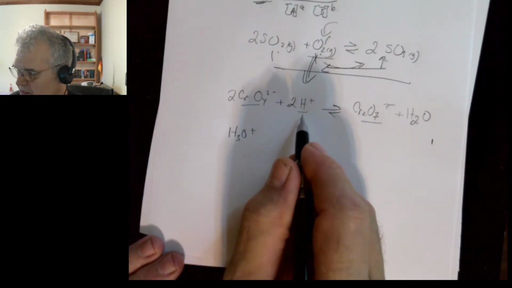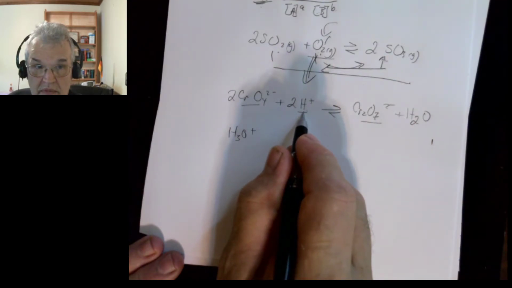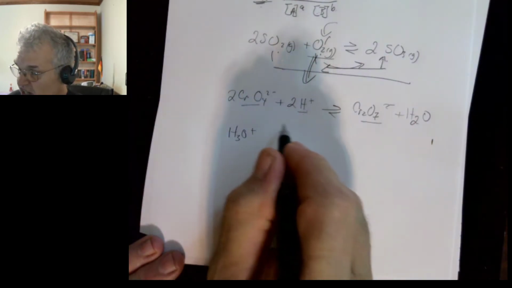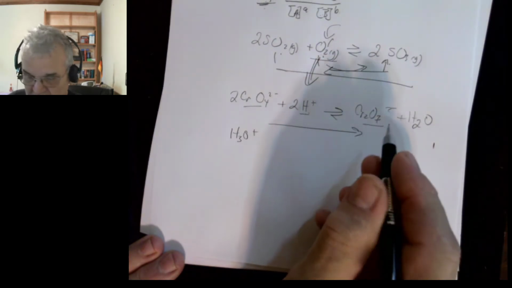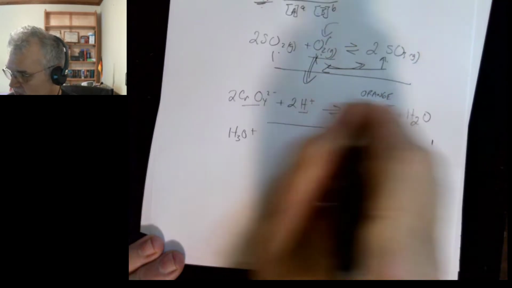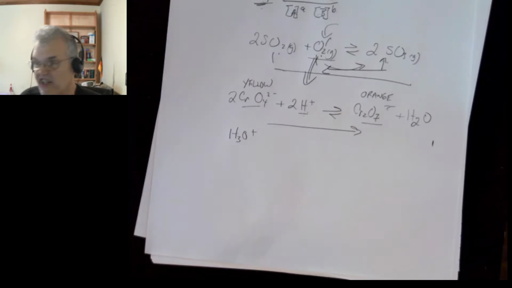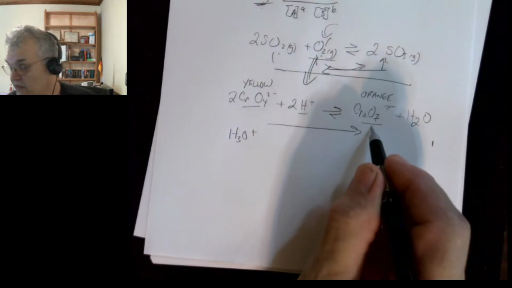So basically, if I added an acid, it's going to increase the H+, and therefore it's going to shift the reaction in this direction. And since this is orange, and this is yellow, if I added an acid to this system, I would see the solution turn more orange. And that would be an indication that it shifted towards reactants.